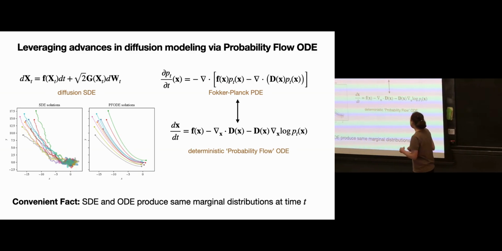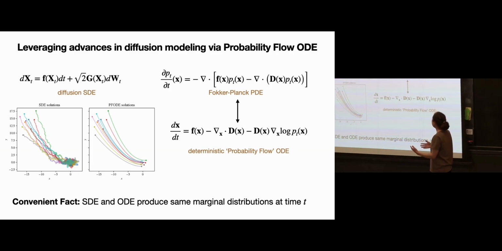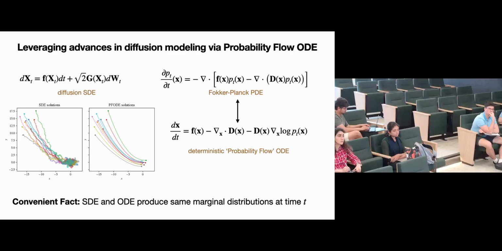So it takes care of the extra spreading of the probability distribution from the noise over time, which turns out to be proportional to this gradient in X of the log of the probability distribution.